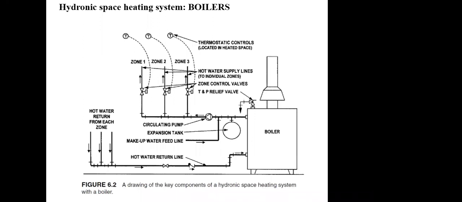And then we need the same amount of return circuits. Here we have hot water, then the water releases that heat, and then it returns colder, not as hot as here, and then it's heated up again in the boiler, and we repeat the cycle. Very basic.